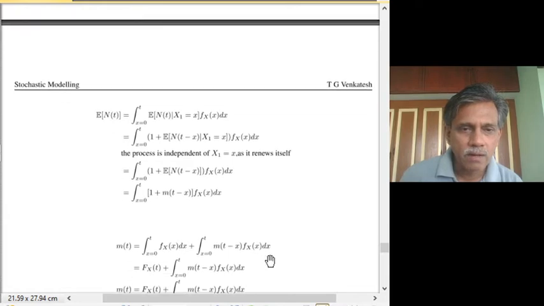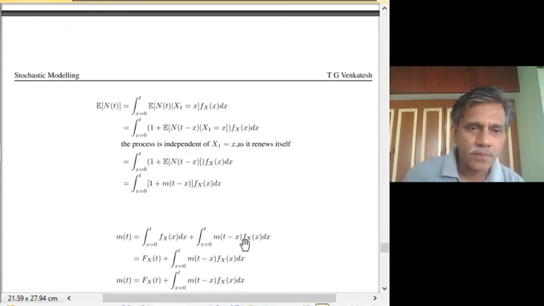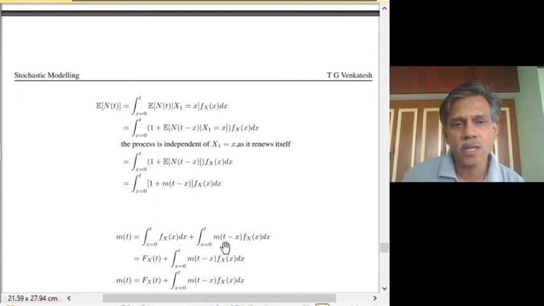To do that, we will just split it into two parts: the integral from 0 to t of f_X(x) dx, by multiplying with 1, and the integral from 0 to t of m(t minus x) f_X(x) dx.